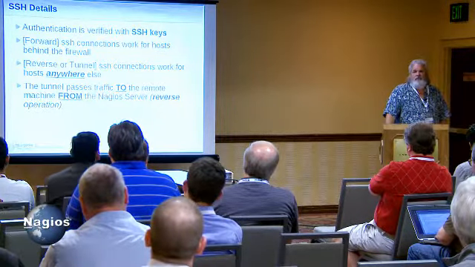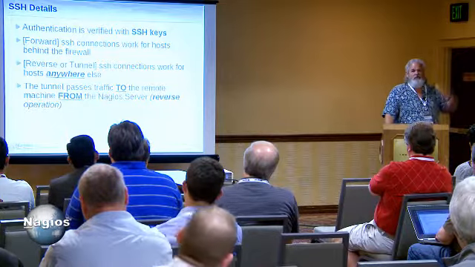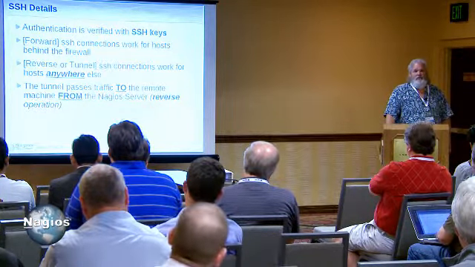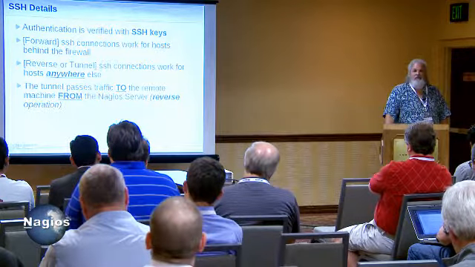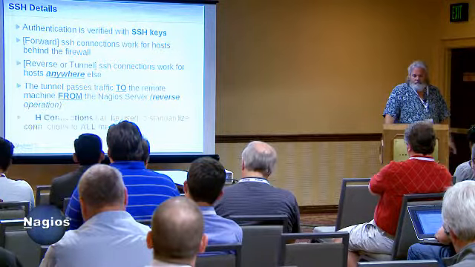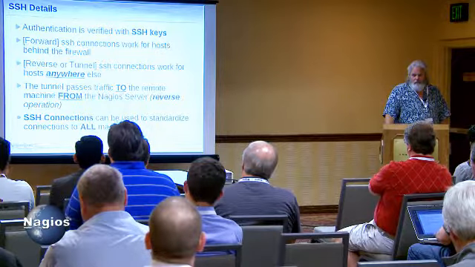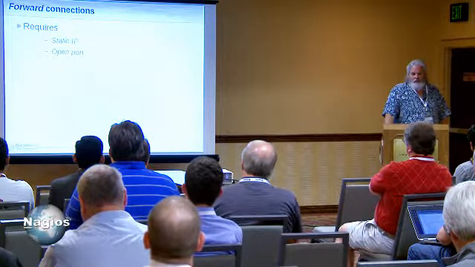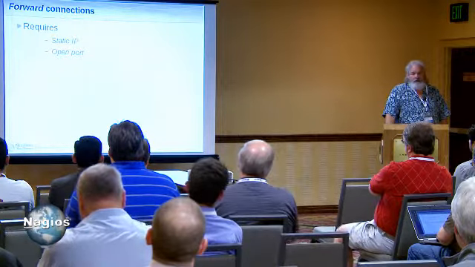That's why it's called a reverse tunnel. It gives you connection to the remote machine from your Nagios server without any access to it whatsoever. You don't have to be able to touch that machine as long as you have a tunnel up. The way a forward connection works, you must have a static IP.